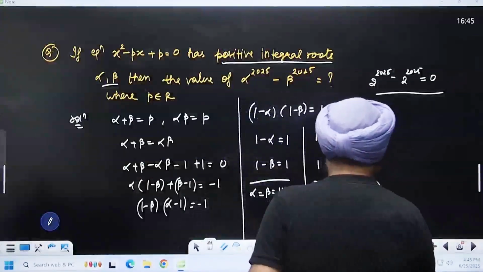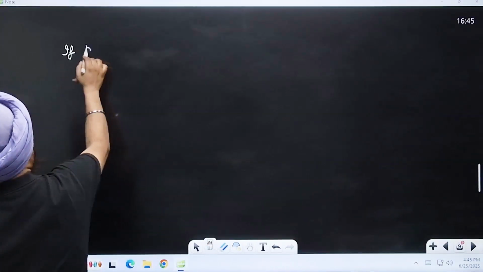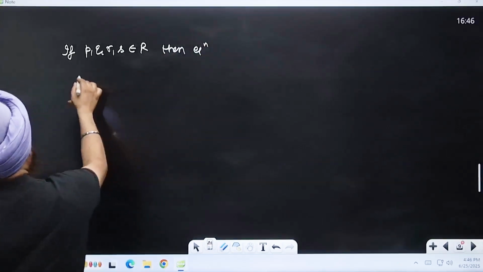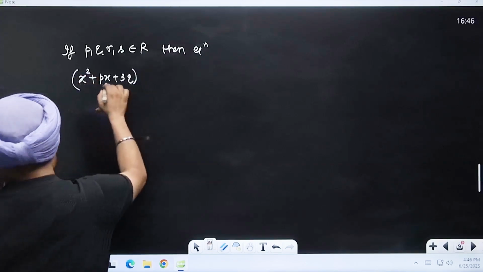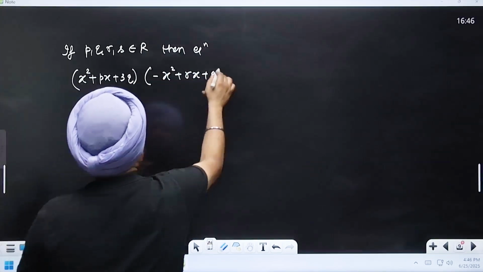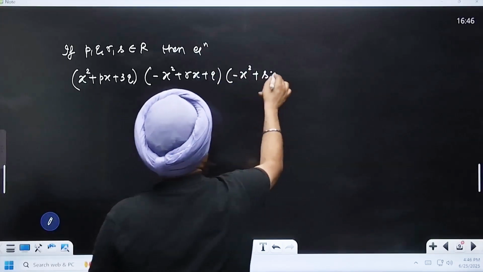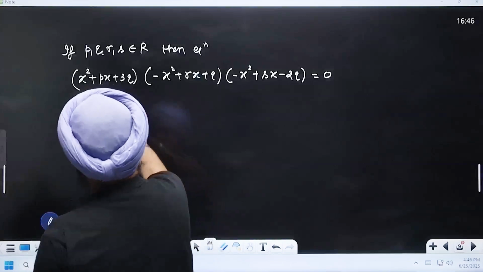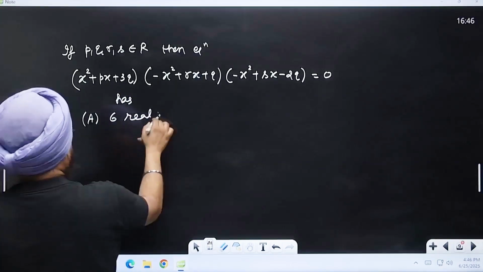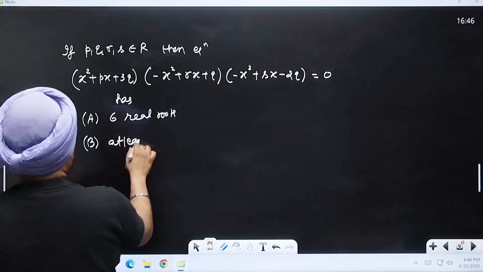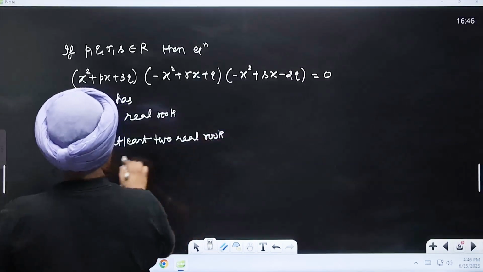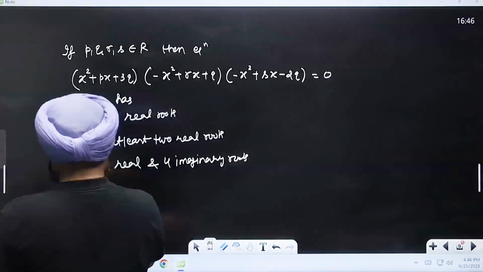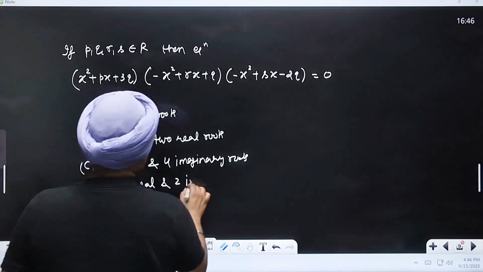Quickly take one more problem. If P, Q, R, S are real numbers, then the equation must have, with the options: 6 real roots, at least 2 real roots, 2 real and 4 imaginary roots, 4 real and 2 imaginary roots.